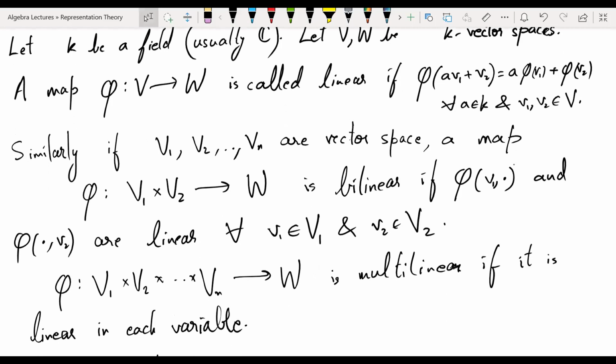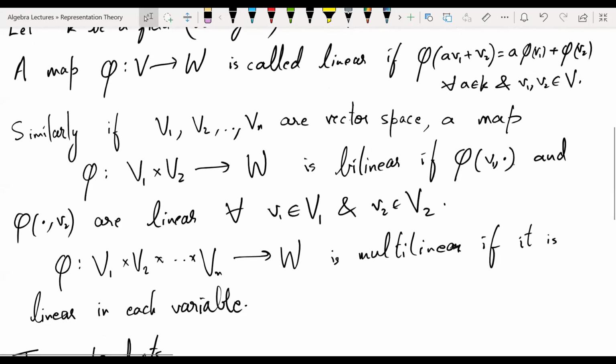And similarly, phi(dot, V2) is linear. Multilinear means the same thing: a map from V1 times V2 times up to Vn, and it should be linear in each variable. That is what a multilinear map looks like.